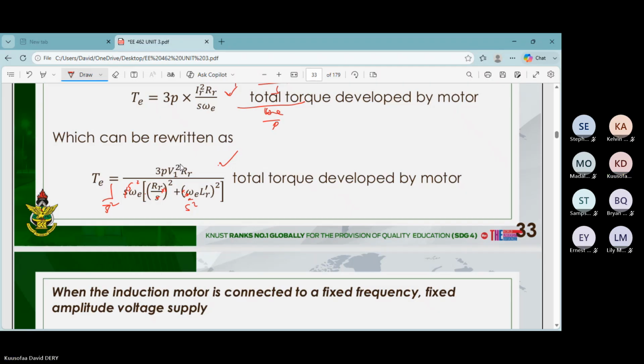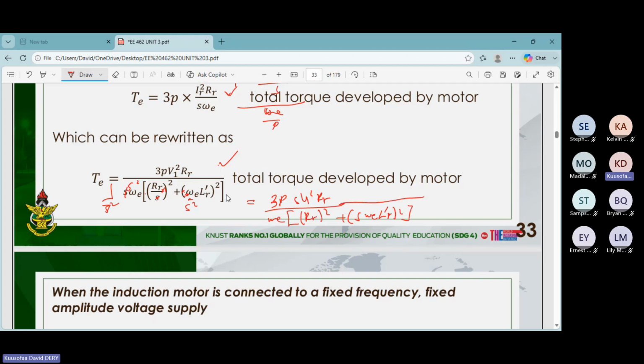So the expression we are arriving at is 3p V1 squared R_R over omega_e squared, times (R_R squared plus s omega_e L_R' squared). That is what we are going to have.